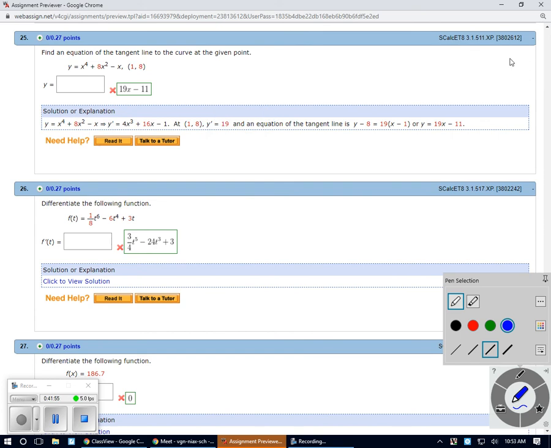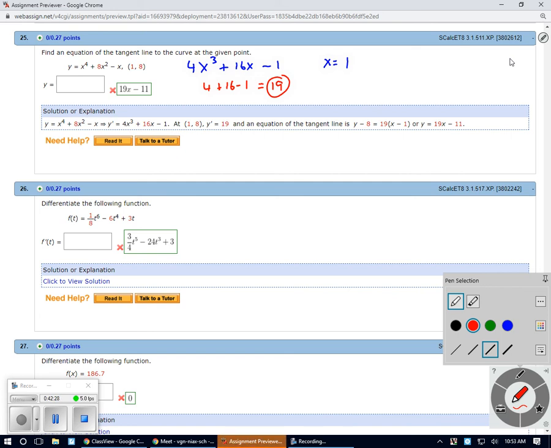That's going to be 4x to the third, taking the derivative. We're doing calculus now. 16x minus 1, where x is 1. Now, what is that?